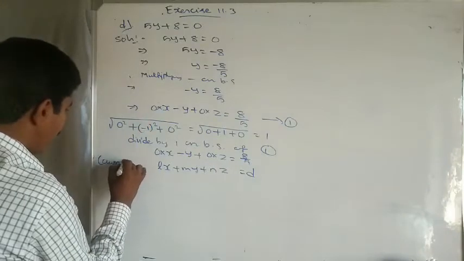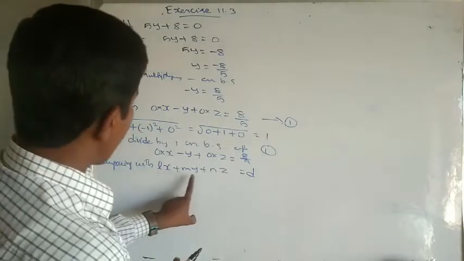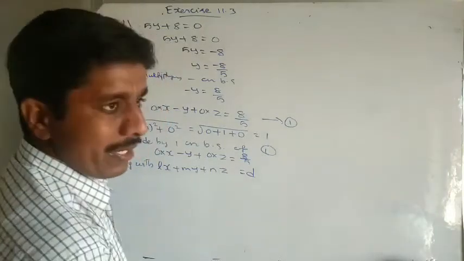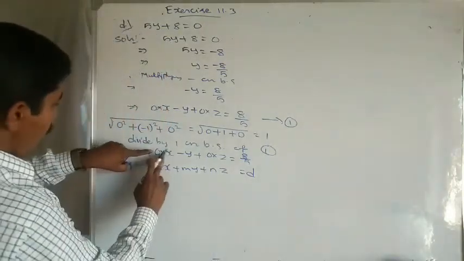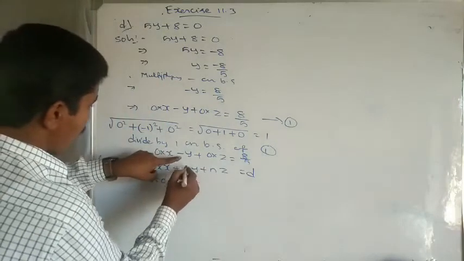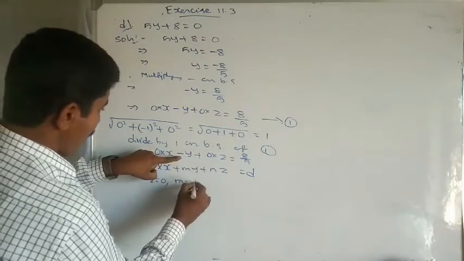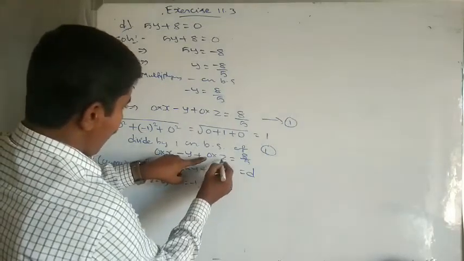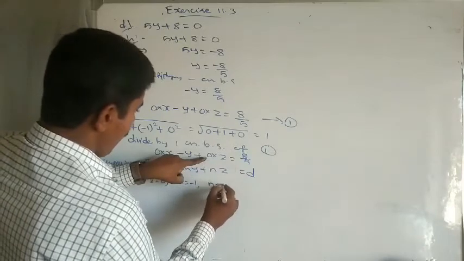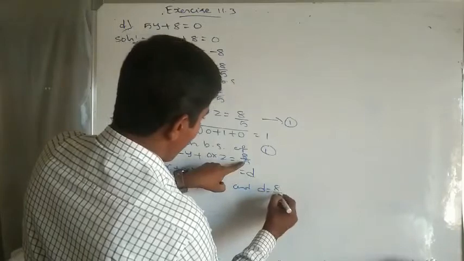Comparing with the standard one, lx plus my plus nz is equal to d. Got it? Your x coefficient l is equal to 0. Y coefficient m is minus 1. Z coefficient n is 0. And d is equal to 8 by 5.